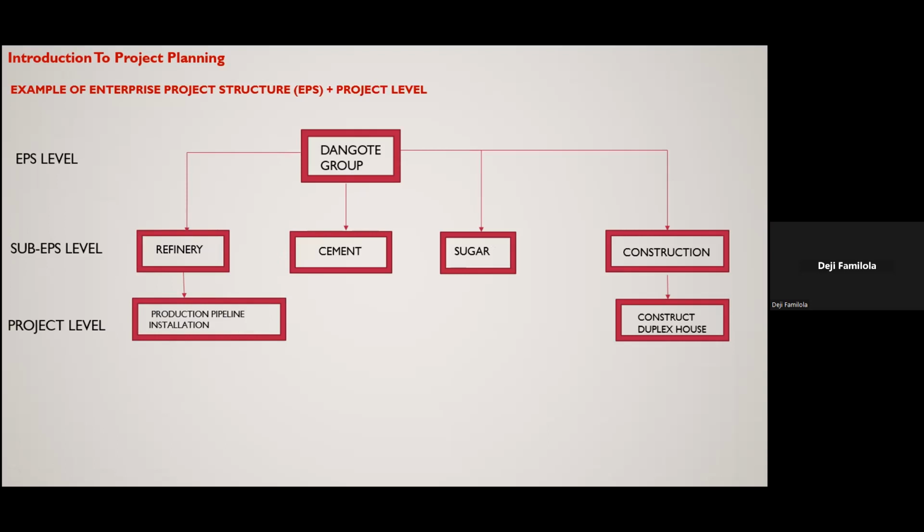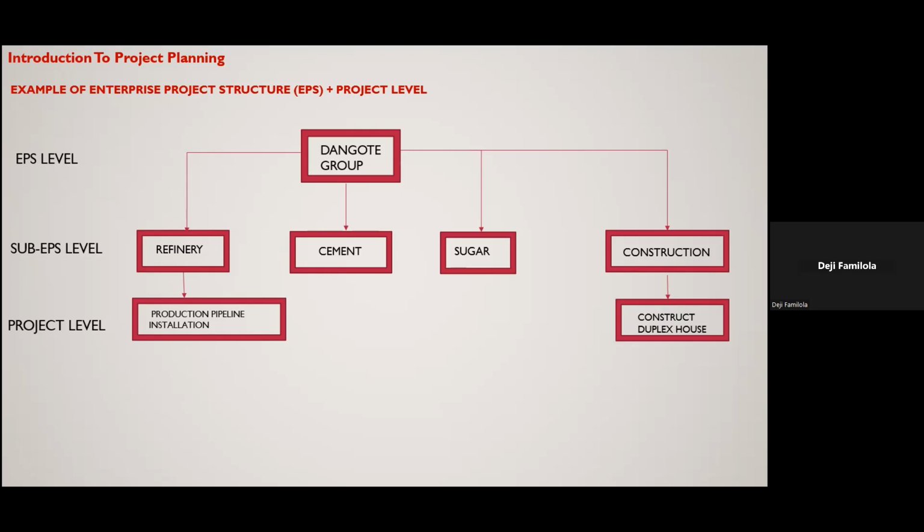If you're doing a pipeline installation, maybe you're installing some pipelines in the refinery, you won't go and put it under Dangote Sugar, Dangote Cement, or Dangote Construction. It goes specifically to the refinery. This is just a way to categorize projects into the right channel so they can be easily identified and are useful for whoever is looking for that project or anything in that database.